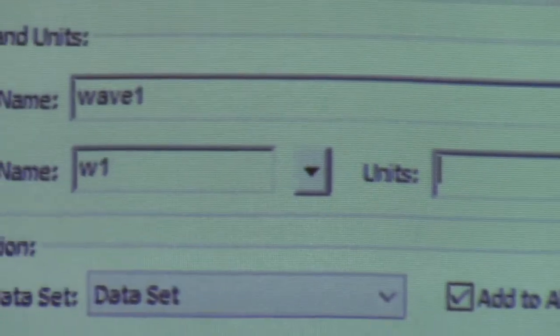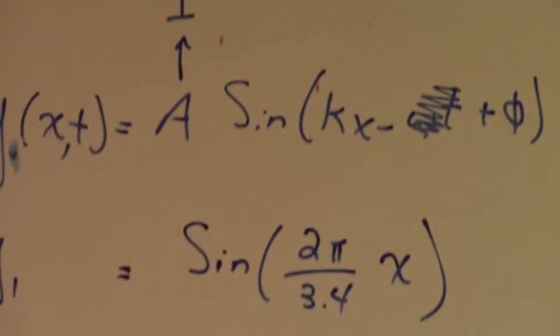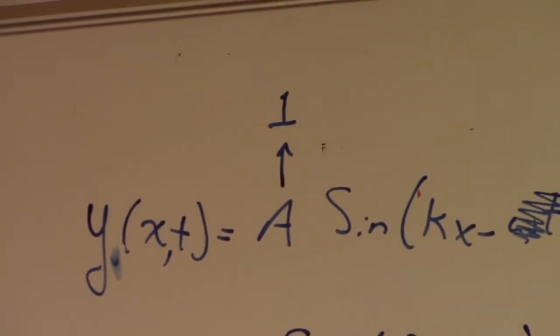The units doesn't really make sense here, but I guess we could just say this would be the amplitude of 1, and if these were sound waves, this would be a distance that's moving.